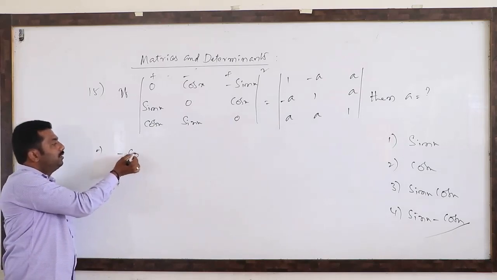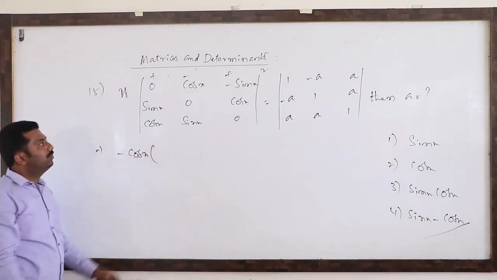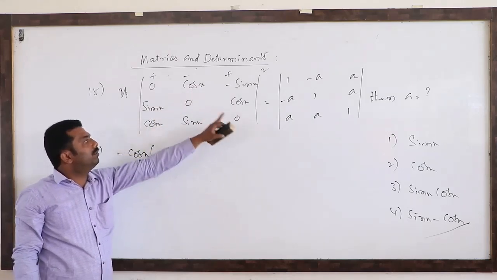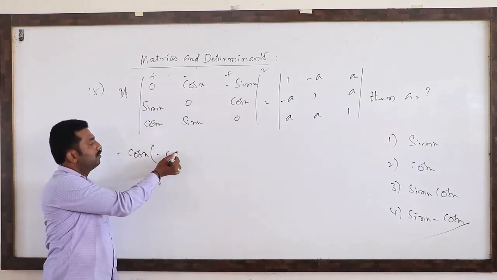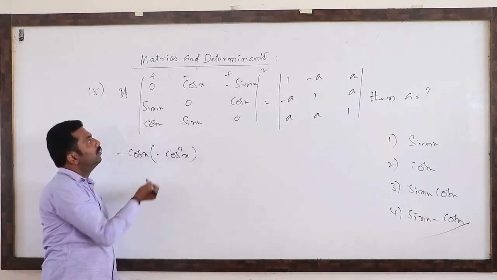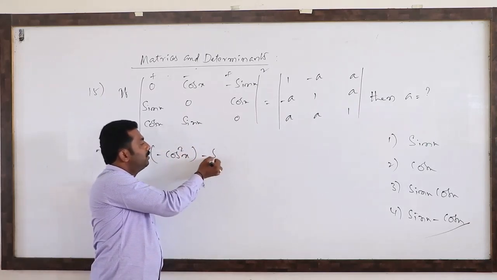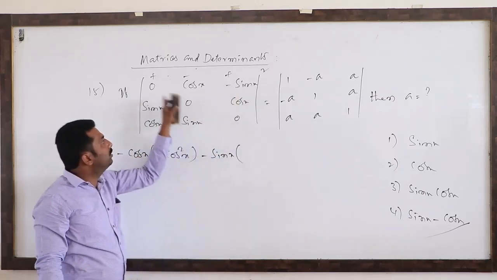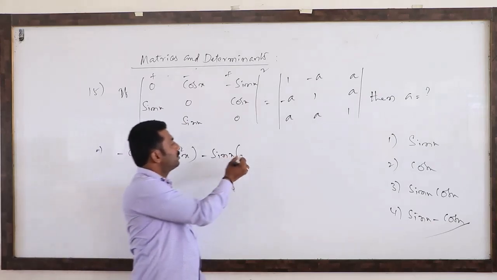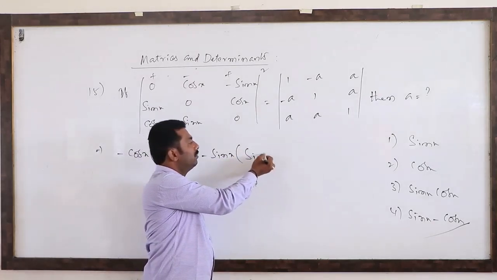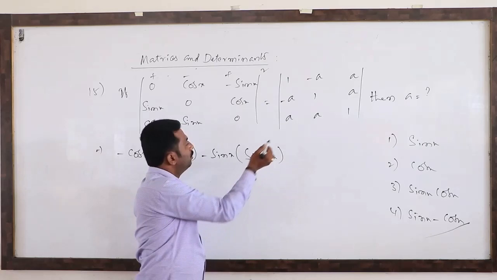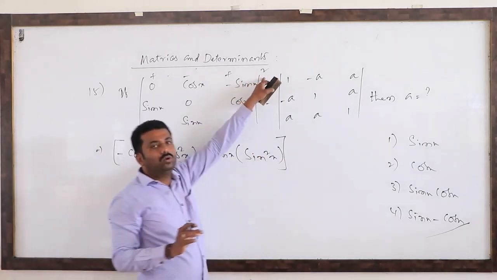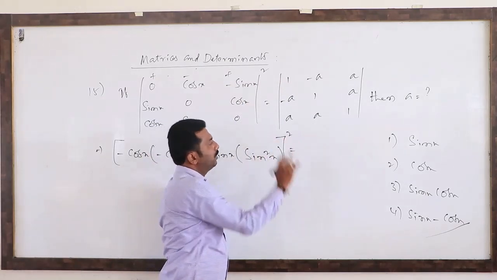Then minus cos x into the corresponding row and column deleted, sin x into 0 minus cos square x, minus sin x into this one, sin square x. This is whole square because here whole square is there, here also whole square.